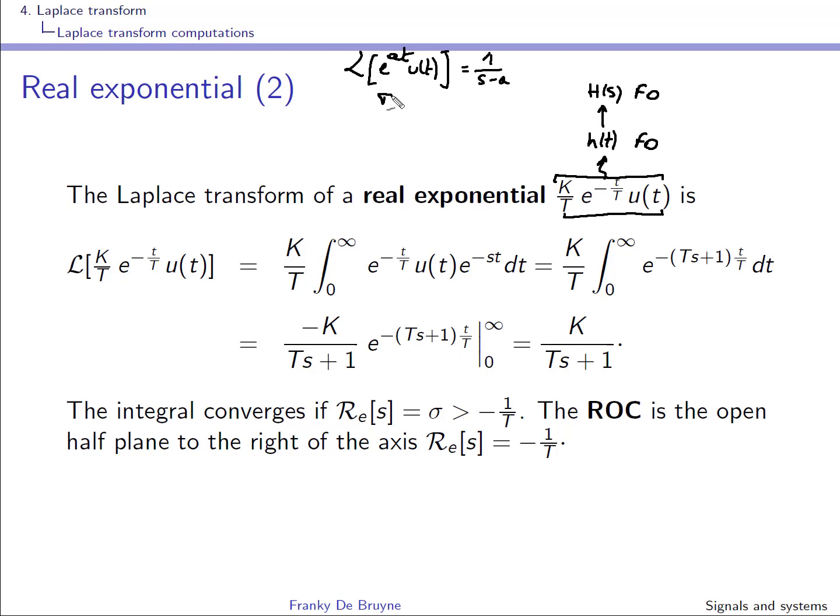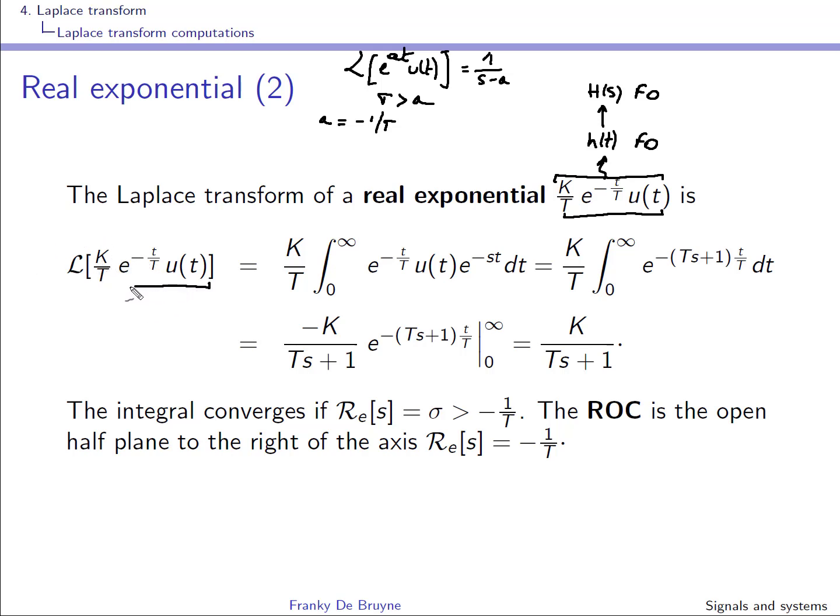And the domain of convergence was sigma larger than a. In this case, a is equal to minus 1 over t, right? And there is also a gain in front. We'll see later that the Laplace transform is linear, so what we can do is take it out.